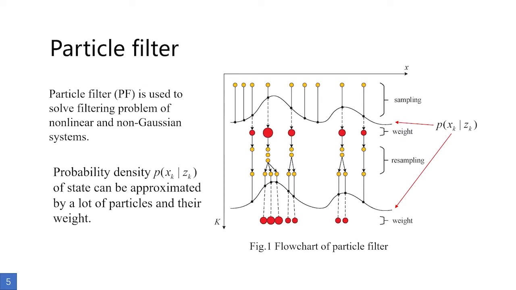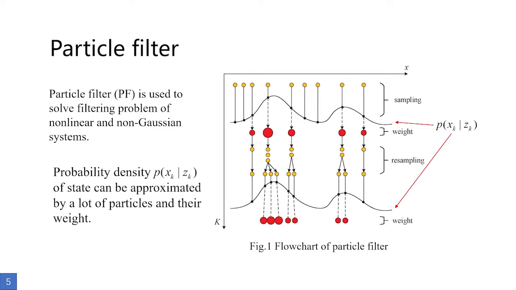In this paper, the particle filter method is considered to solve the portfolio optimization problem. Particle filter is used to solve the filtering problem of nonlinear and non-Gaussian systems. A schematic of the particle filter method is presented in Figure 1.